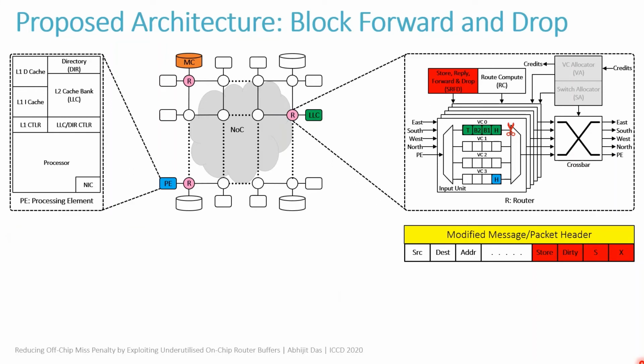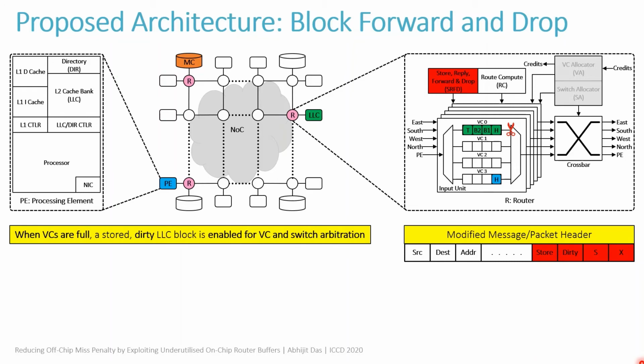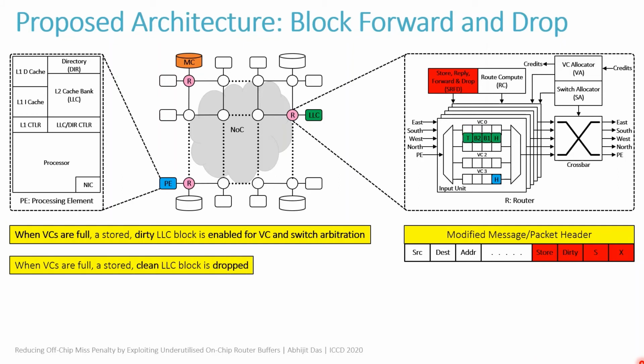We cannot keep the evicted LLC blocks stored in the local router forever as it might create injection suppression during peak network congestion. So, when VCs are full, a locally stored dirty block is enabled for VC and switch arbitration to reach its destination for write back. Whereas a locally stored clean block is simply dropped as a write back is not necessary.